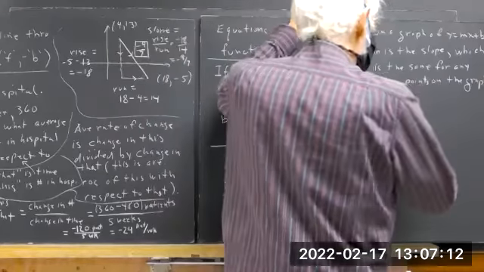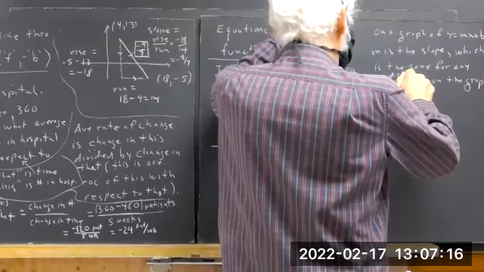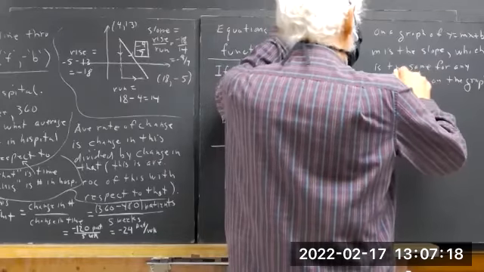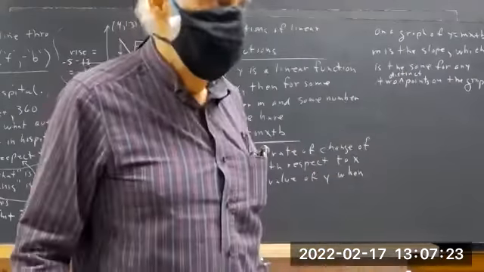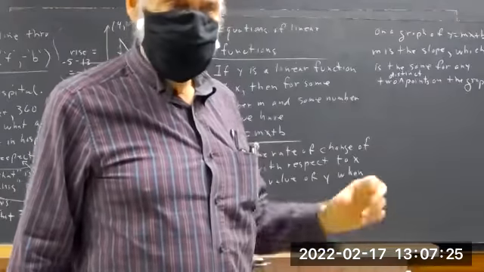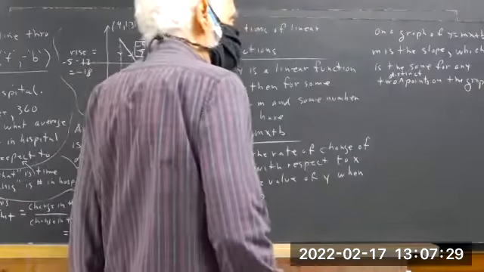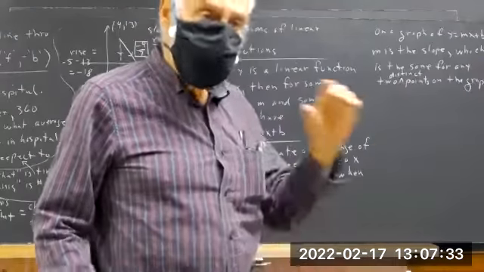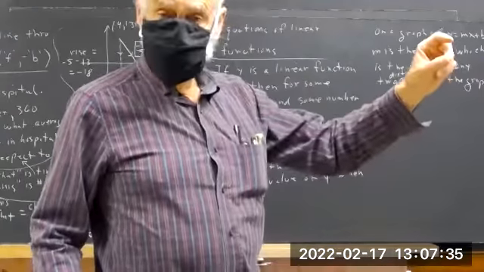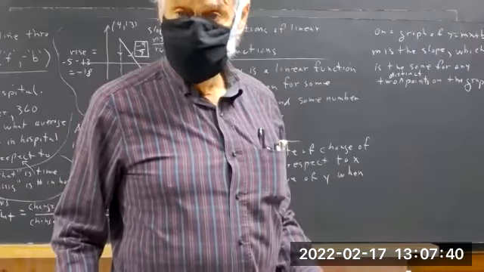I'm going to put the word distinct in there, because if I use the same point on the graph, you don't get a rise and you don't get a run. Okay? Can't use the same point twice in calculating the slope. Okay? That means any 2 points. And if you know 2 points on the line, it allows you to calculate the slope between any 2 points in the line.